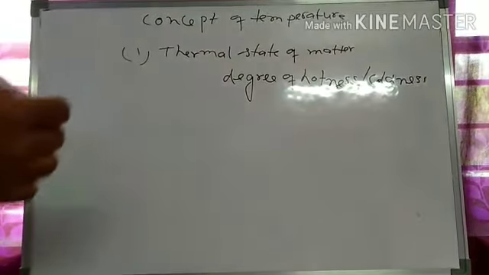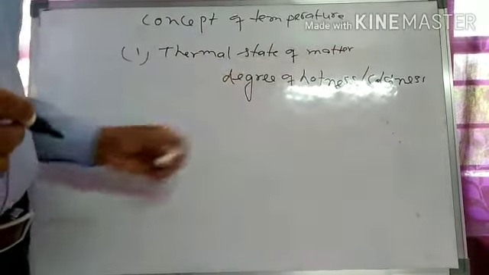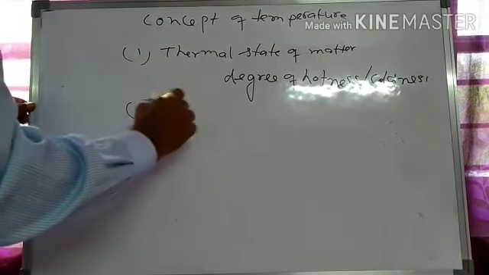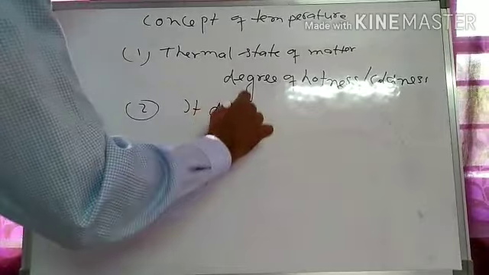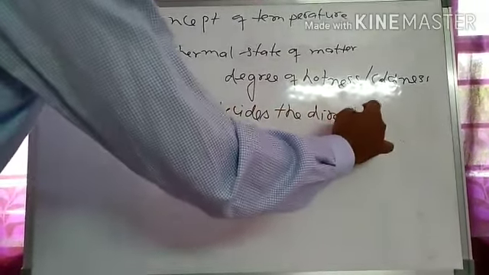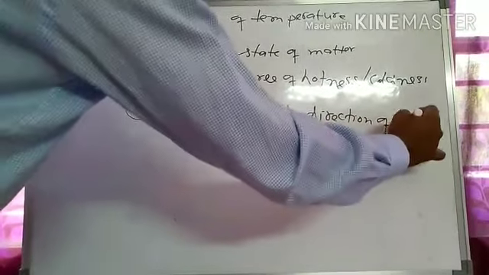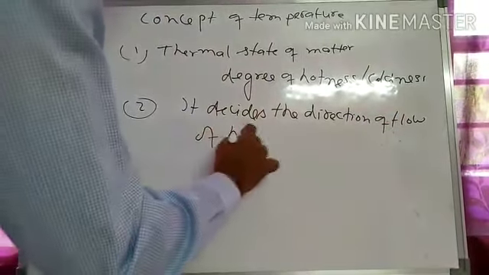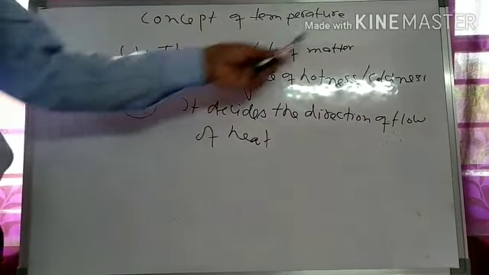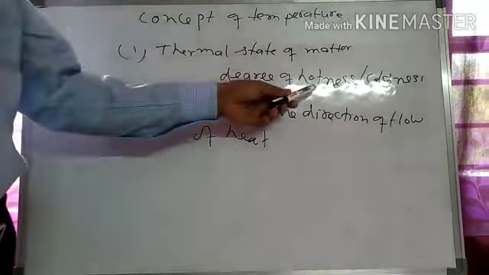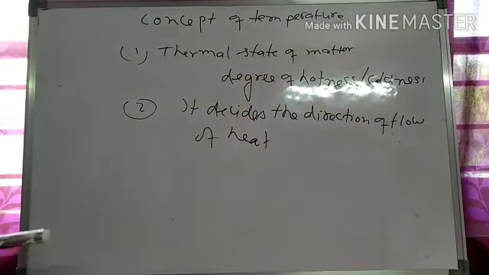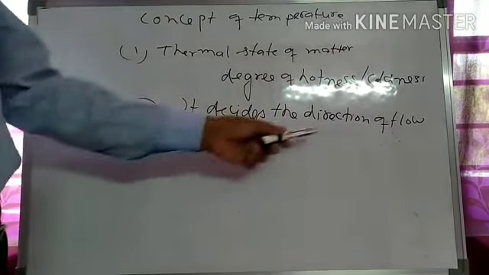So temperature is defined as the degree of hotness or coldness of an object, and it decides the direction of flow of heat. So temperature is the thermal state of matter, meaning degree of hotness or degree of coldness, which decides the direction of flow of heat energy.